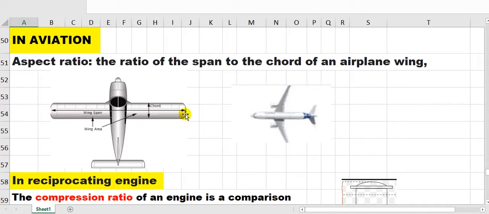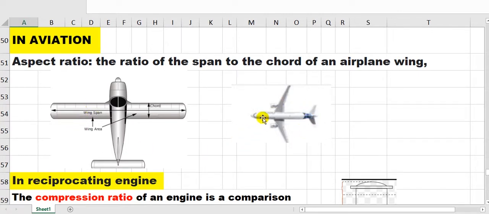This length is called the span. And the chord? What is the chord? The chord is the width of the wing. Here, if the wing has a constant area, the chord is equal here. The chord is constant here. Okay?